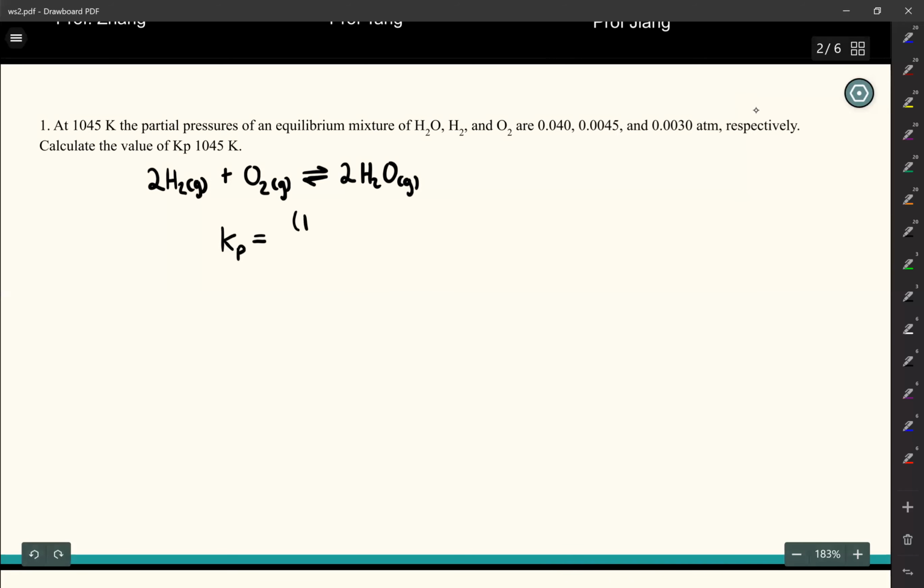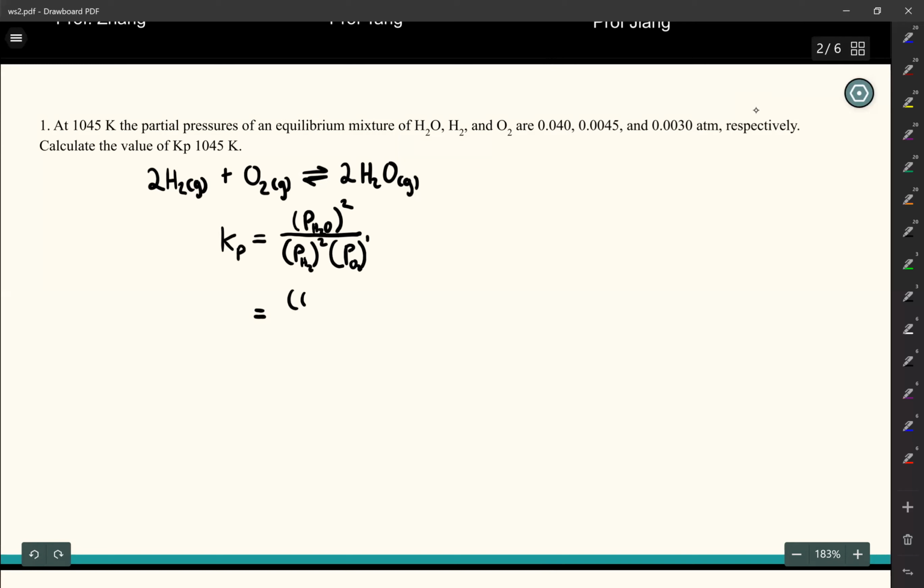So this is partial pressure of H2O, our product, raised to our coefficient, which is 2, over our reactants. So that's the partial pressure of H2 raised to the coefficient of 2, and partial pressure of oxygen raised to the coefficient of 1. Now that we have this equation, we can plug in our values.